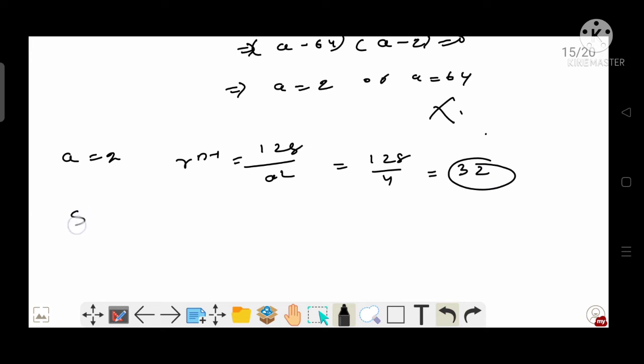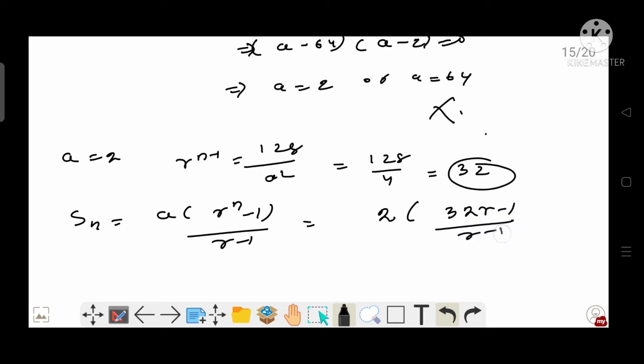So Sn, the sum of the terms, equal to a into r to the power n minus 1 divided by r minus 1, equal to 2 into 32r minus 1 divided by r minus 1.